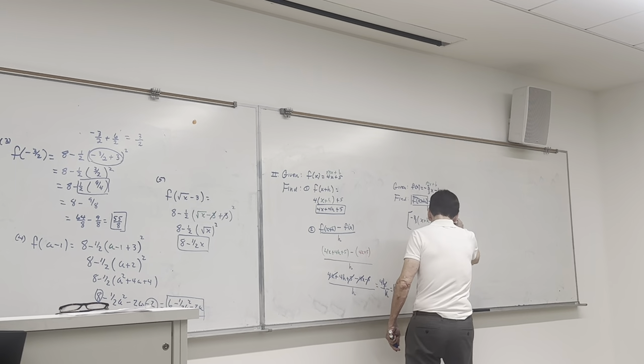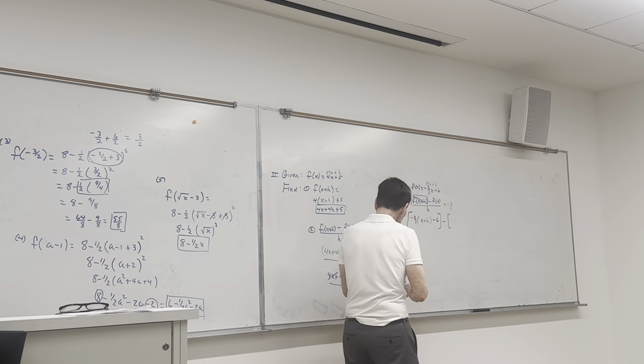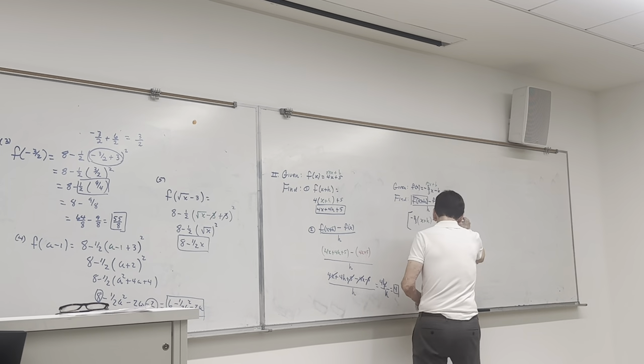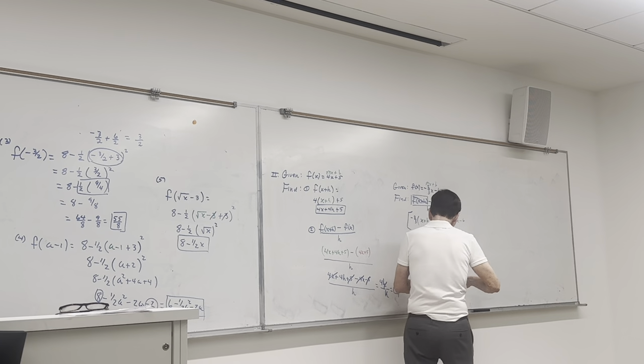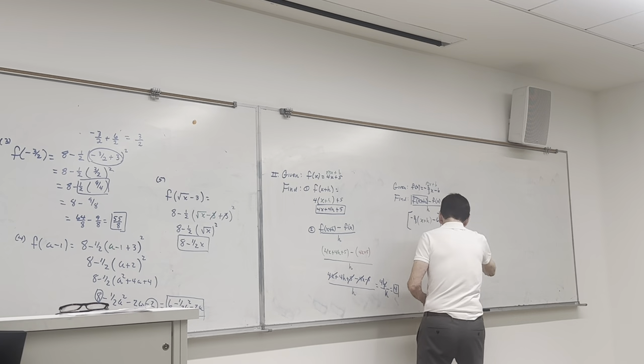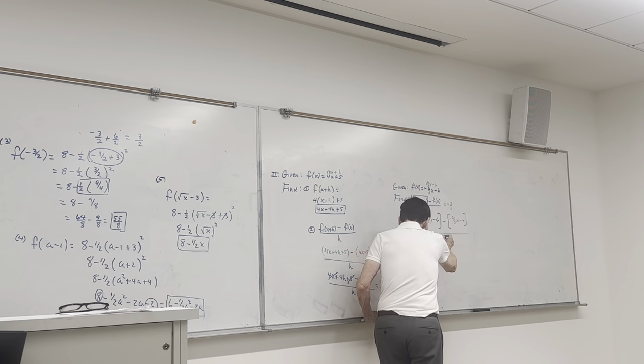Don't stop there, subtract from that now f of x. You say, well, what's f of x? Well, it's the original function. That's negative 2/3 x, subtract 6. Guys, don't think this is too heavy. It's going to get much better. All over h.